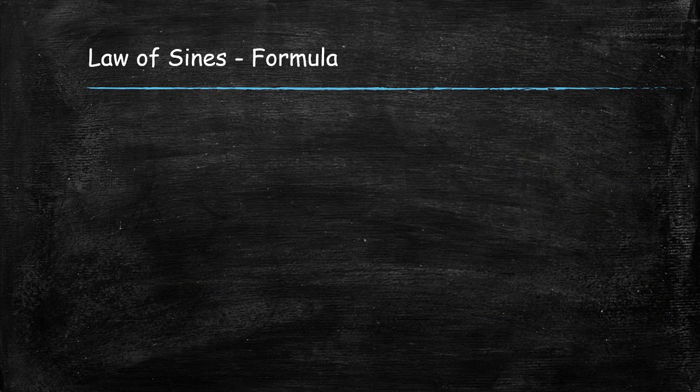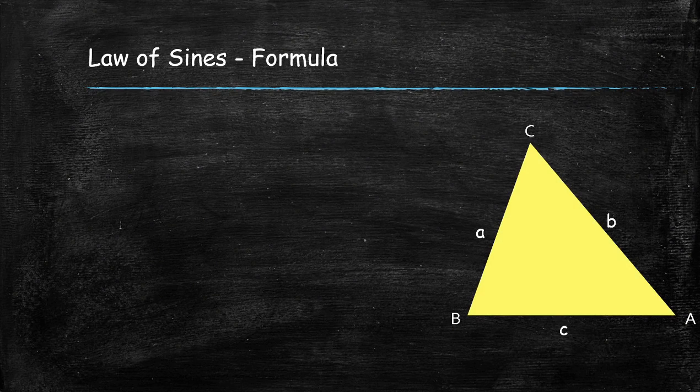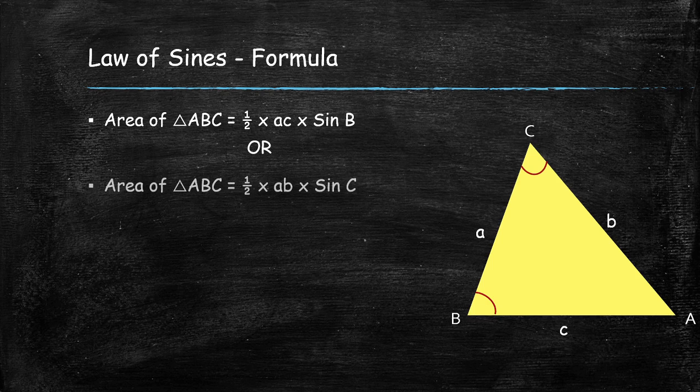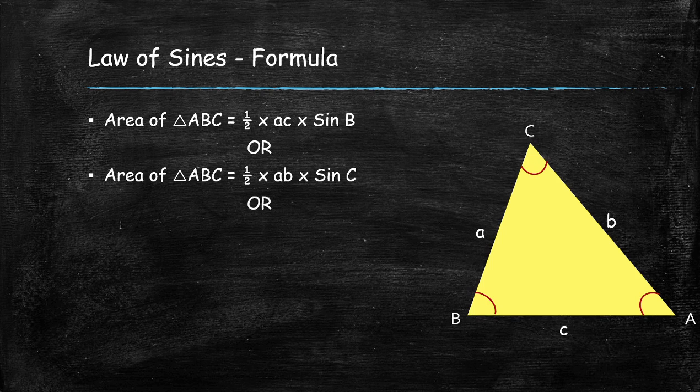Now the main formula of the law of sines. This is the same triangle. We have found that the area of this triangle can be written as half into AC into sine B, or half into AB into sine C, or half into BC into sine A. So these areas are all equal.